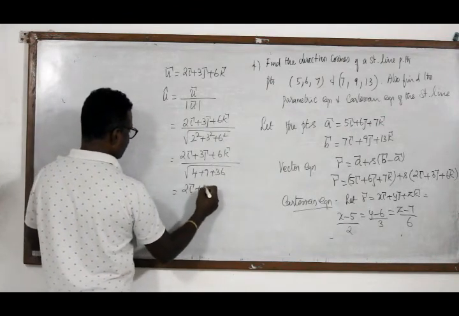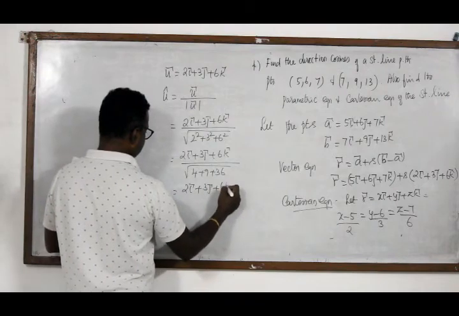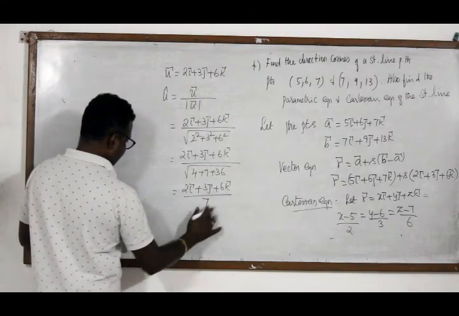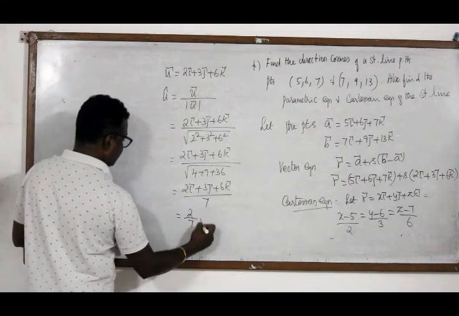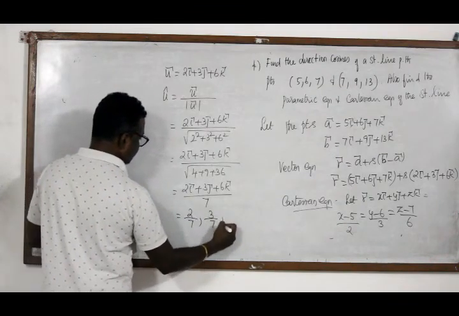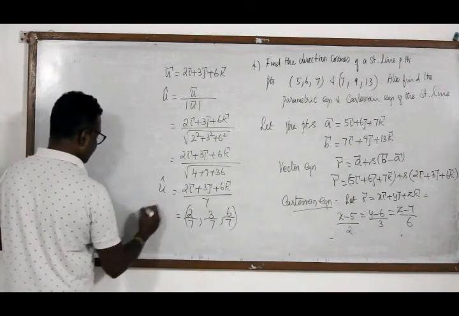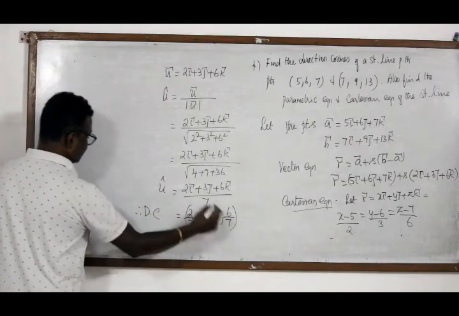So it is (2i plus 3j plus 6k) by 7. That is 2 by 7, comma 3 by 7, comma 6 by 7. This is u cap, therefore direction cosine is this.